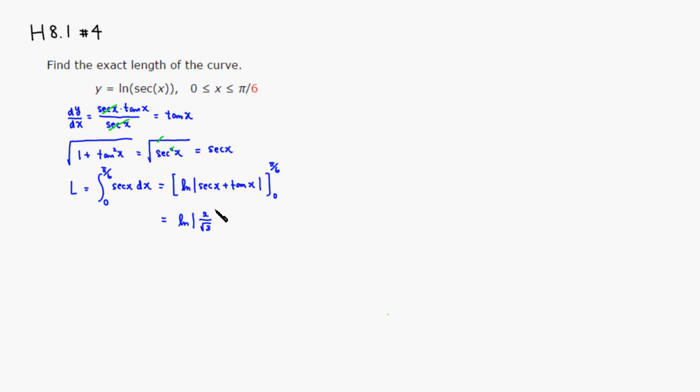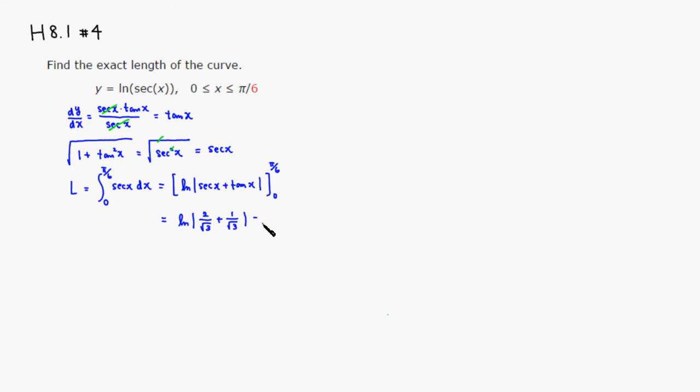And the tangent of pi over 6 would be 1 over square root of 3. So plus 1 over square root of 3, right?